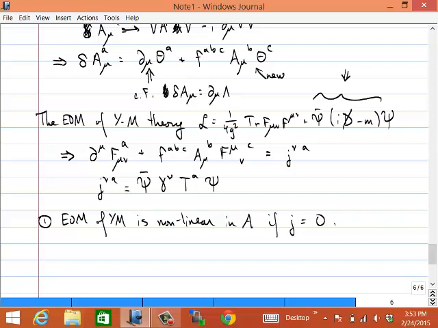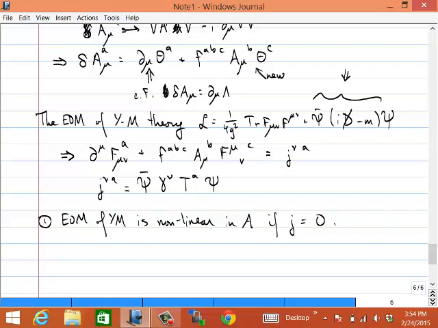That means that just solving the Yang-Mills equations for classical solutions is much more difficult than it is in electromagnetism. General relativity is another example of a theory where the equations of motion are nonlinear, essentially for the same reasons that the equations of motion of Yang-Mills theory are nonlinear. And both of them are in general very difficult to solve, except in special situations where you have some symmetry.